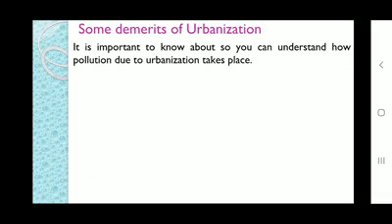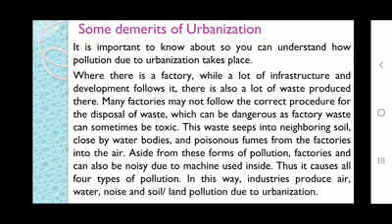Some demerits of urbanization. It is important to know about so you can understand how pollution due to urbanization takes place. Where there is a factory, while a lot of infrastructure and development follows it, there is also a lot of waste produced there. Many factories may not follow the correct procedure for the disposal of waste, which can be dangerous as factory waste can sometimes be toxic.